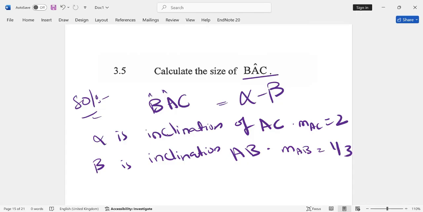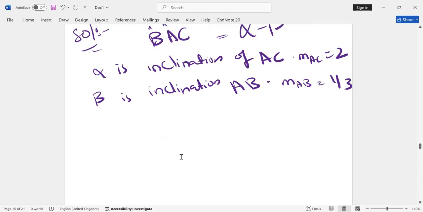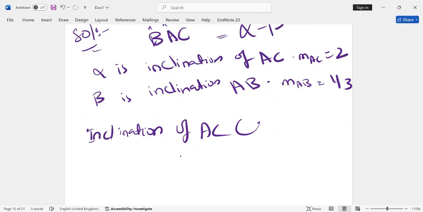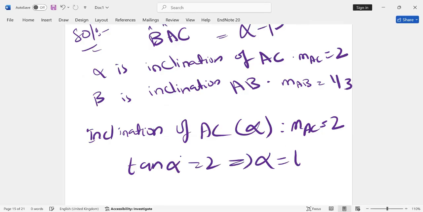So the inclination of AC is alpha. We have the gradient of AC equals 2, so tan alpha equals 2. We have alpha equals tan inverse of 2, and we have alpha equals 63.43 degrees.